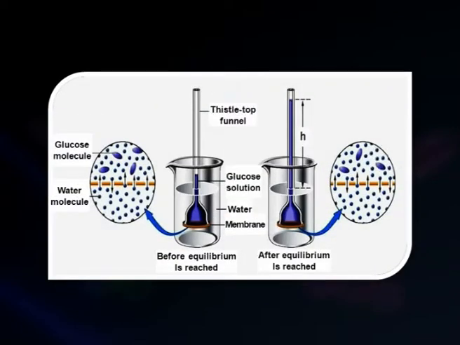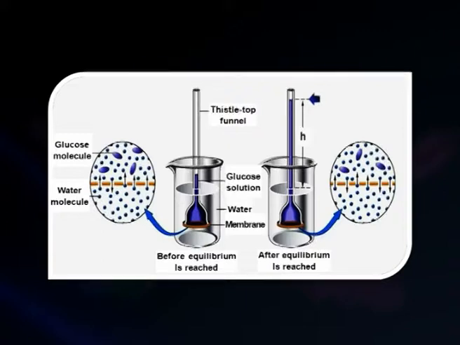In this figure, we have taken an inverted thistle funnel covered with a semi-permeable membrane and filled with a glucose solution. This thistle funnel is placed in water. In the second figure, you can see water rises due to osmosis, and h denotes the height attained after osmotic equilibrium has been reached.